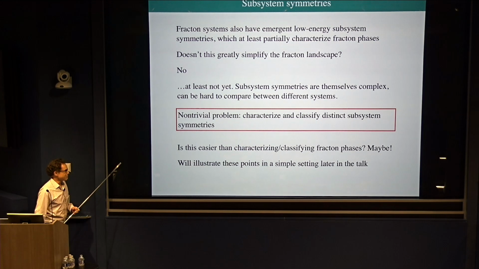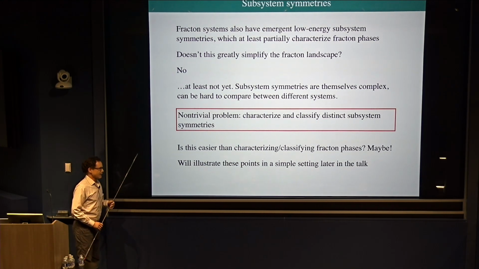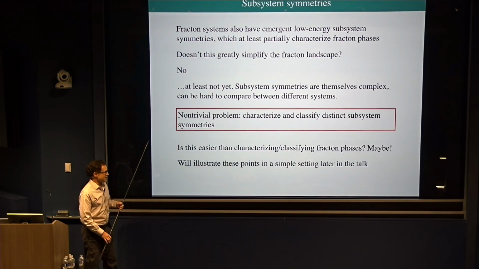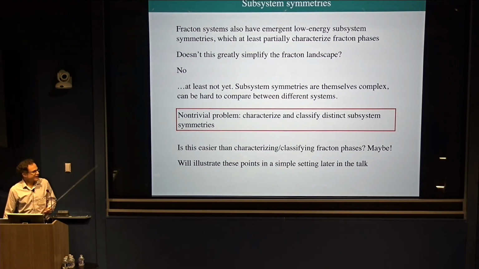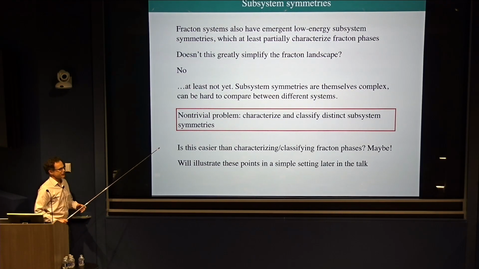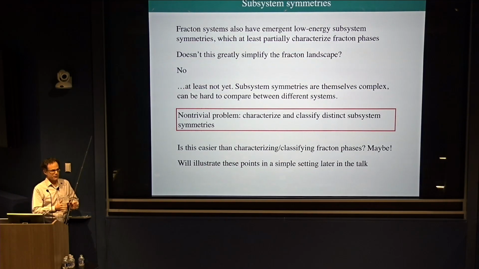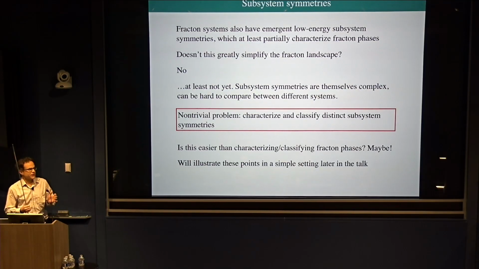And so it may be true, when we understand this problem a little better, I really don't think this problem has been appreciated until now, but once we understand it more, this program might be easier than characterizing and classifying Fracton phases. But right now, progress understanding this problem and the problem of characterizing and classifying phases is proceeding in parallel and in a way that's very closely tied together.